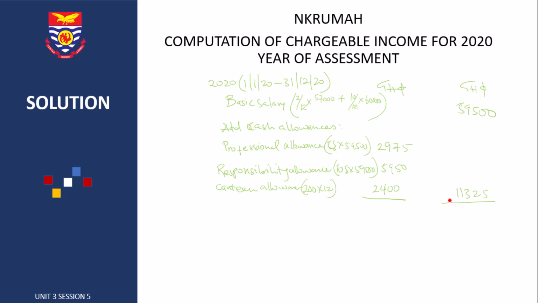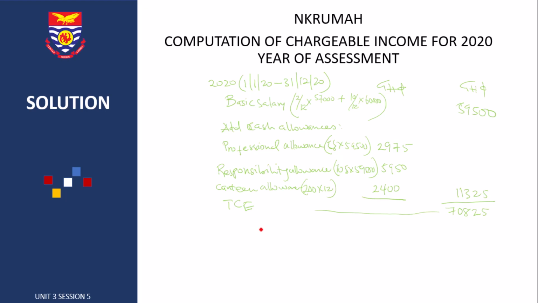We add it to our basic salary, we get 70,825, and this is our total cash emolument. In this question, there were no benefits.